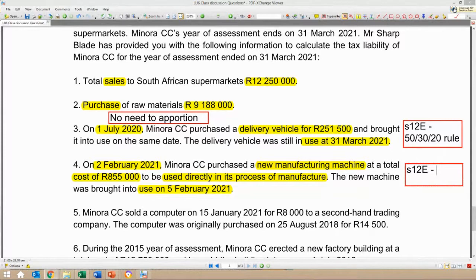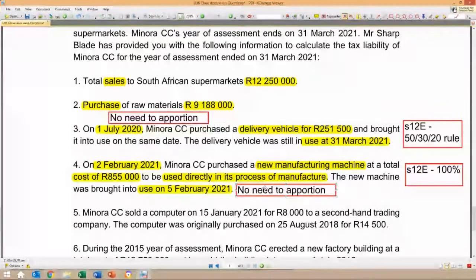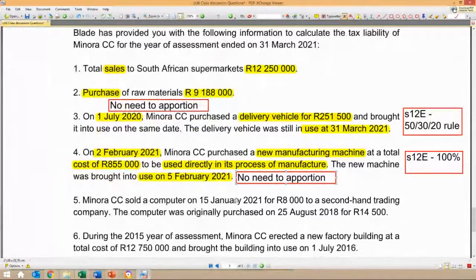Yes, that's absolutely correct. Thank you. Okay, so we can deduct 100%, and similar to the previous comment, I'm just going to copy this as well. We do not need to apportion it at all. So you get the full amount you deducted in that year.